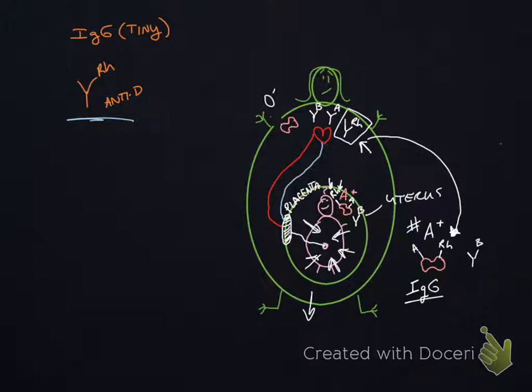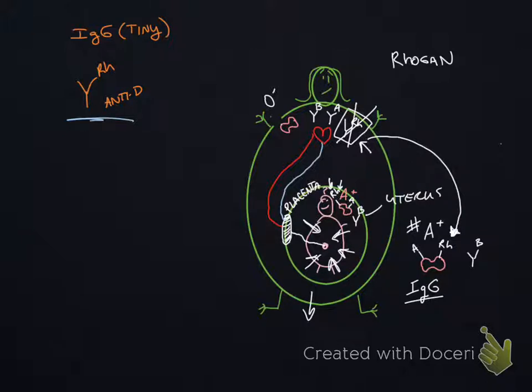So mom has to get a drug called RhoGAM, which suppresses mom's immune system to stop making these Rh antibodies. So practice your ABO blood types and Rhs by drawing some blood vessels with blood cells in them, and give yourself some scenarios and see if you can answer the questions, because they will be on the exam.